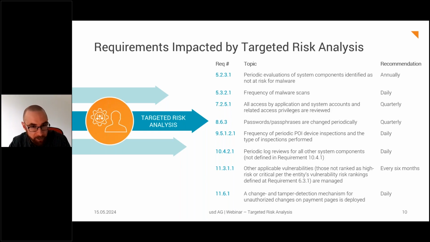In requirement 9.5.1.2.1, we define the frequency for periodic POI device inspections to verify that they have not been manipulated. This is something that in a lot of environments you want to do daily, maybe when you open shop, combined with other checks that you typically have to do.